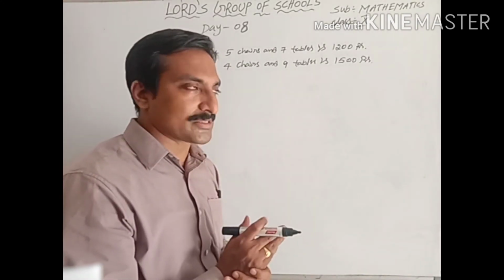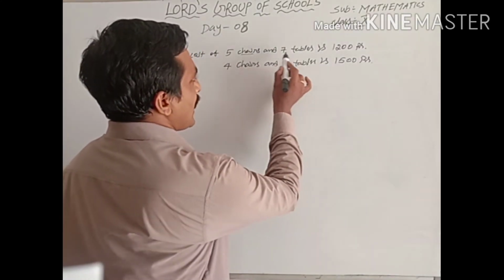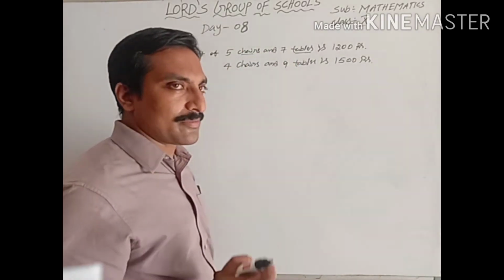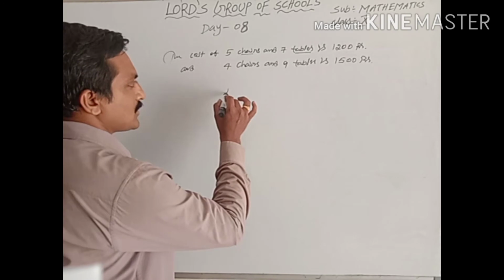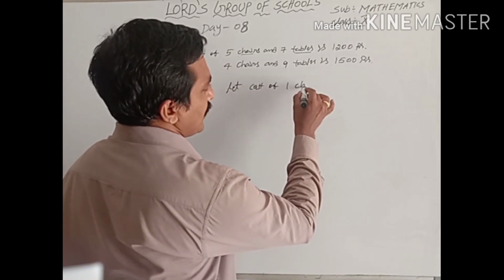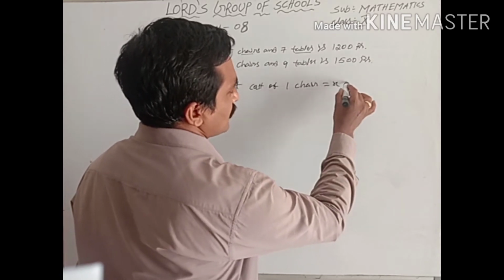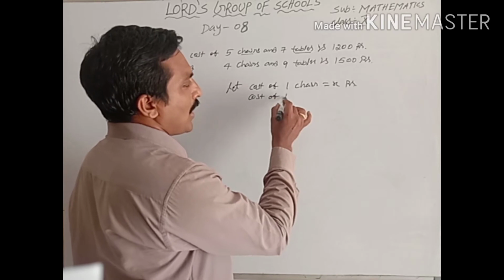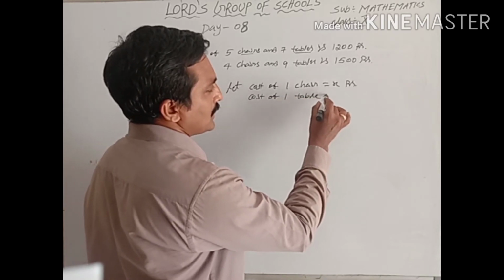Here the objects are chair and table, and you know the number of chairs in each case. So first take: let the cost of 1 chair be X rupees. The cost of 1 table is Y rupees.